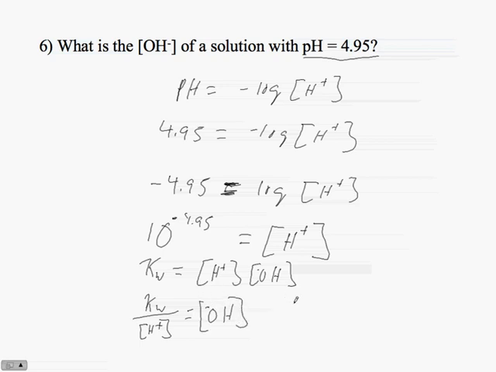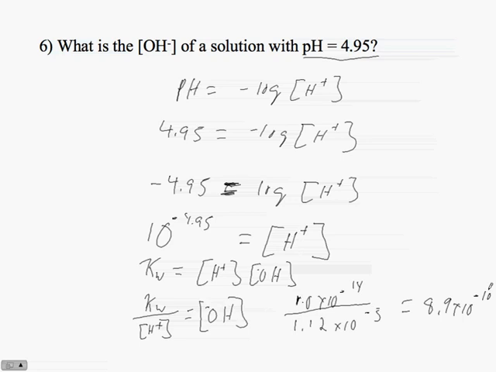If we substitute the numbers back into the equation, we get 1.0 times 10 to the negative 14 divided by 1.12 times 10 to the negative 5, which is equal to 8.9 times 10 to the negative 10.